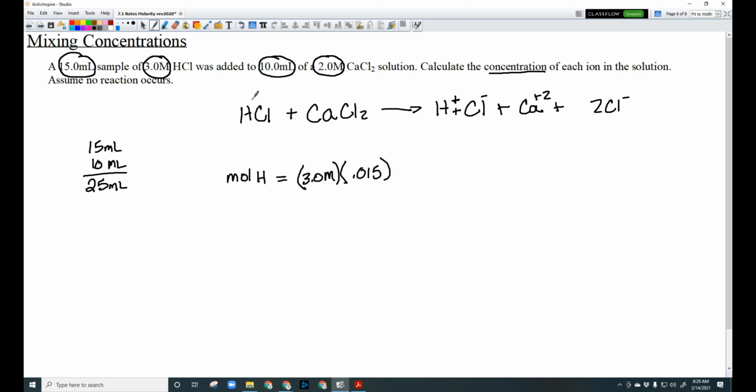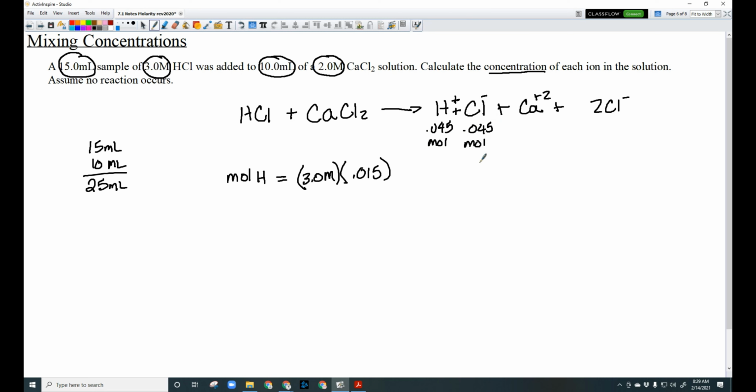And that's going to give us the number of moles of chlorine as well, because it's a 1-to-1 ratio. So 3.0 times 0.015 is 0.045 moles. Same here, 0.045 moles.